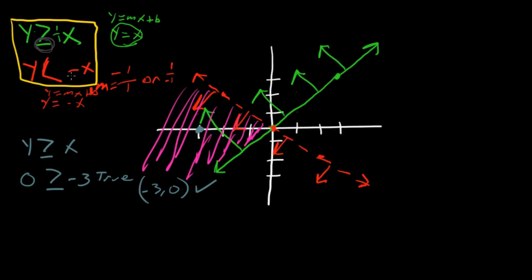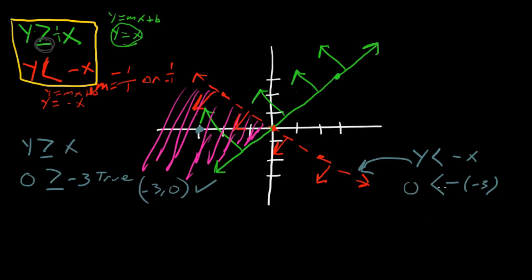And we could check over here in this one. That one is y is less than -x. That's the red one, this one right here. So again, we can see if this point is a solution to this other one. So -3 for x, so -3 is greater than y. y is a 0.